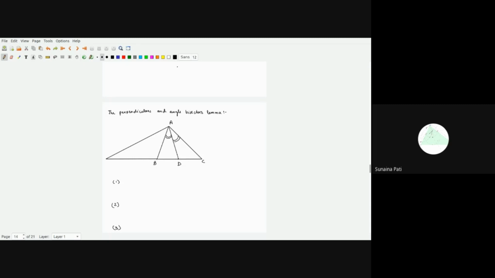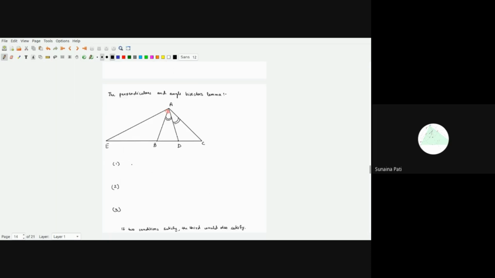And you have EAD as 90 degrees. Then by the perpendicular angle bisector lemma, you'll have (E,D;B,C) as harmonic.